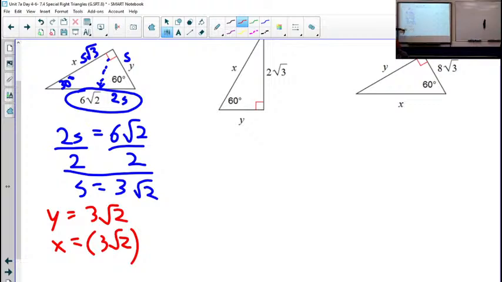So I'm going to take that short leg, 3 root 2, and multiply it by root 3. Everything outside the square root, that's just 3. And then here I have square root of 2 times square root of 3, which will be square root of 6.